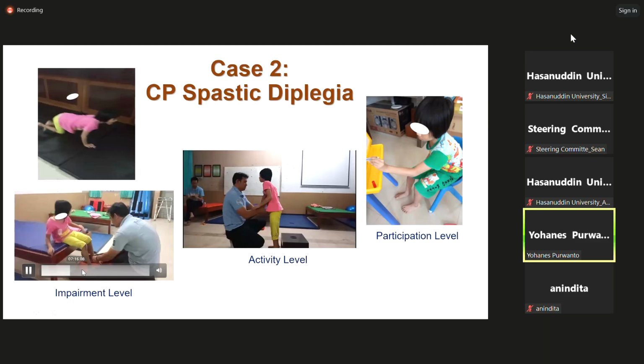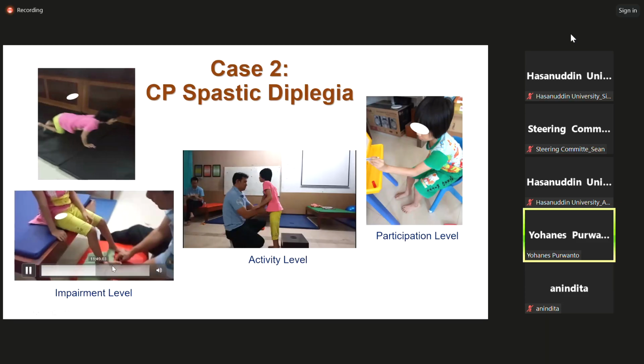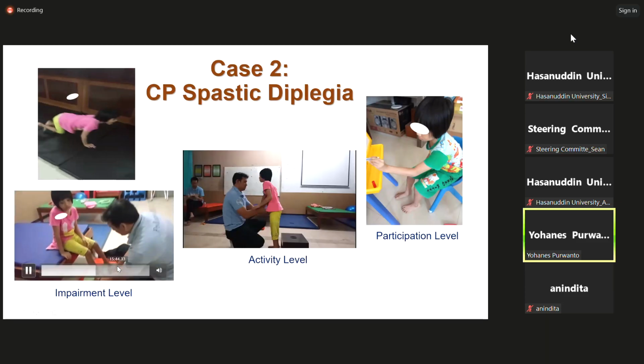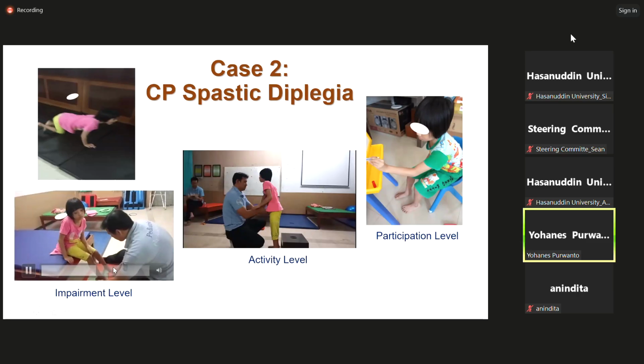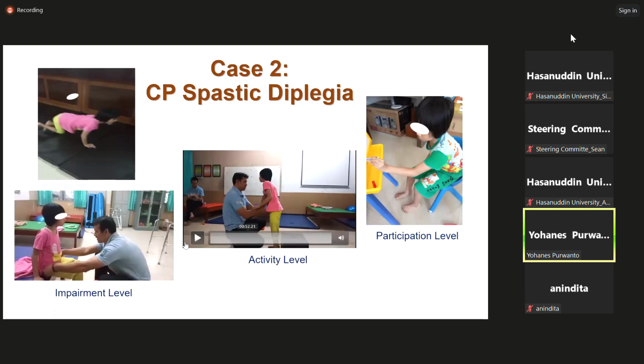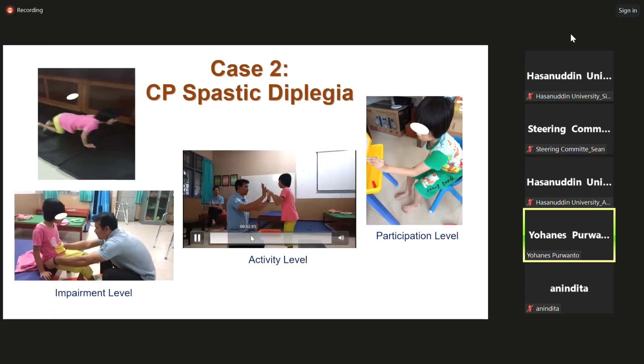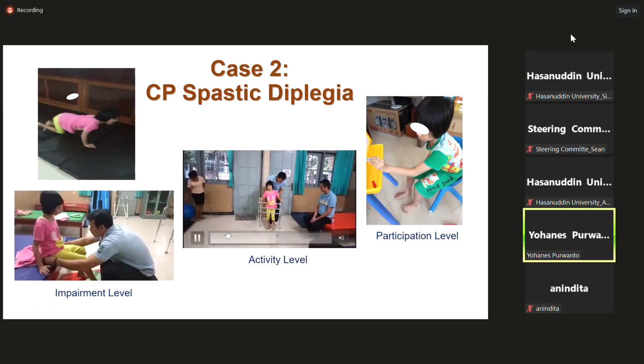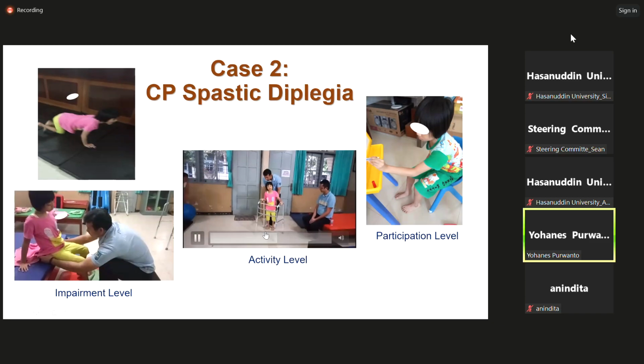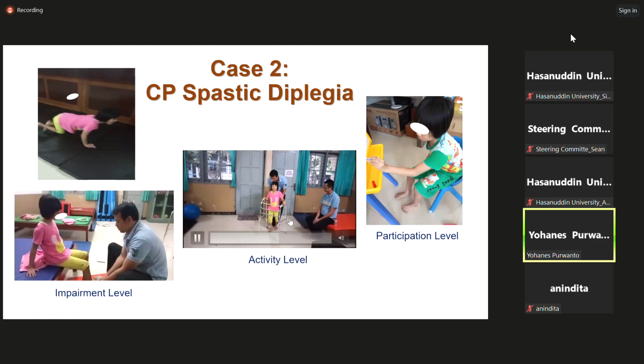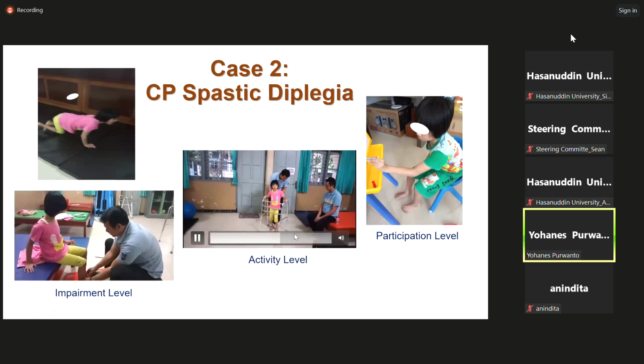So we tried to train to support the body on her feet. And after the therapy sessions, we can see here she started to be able to walk using a walker.